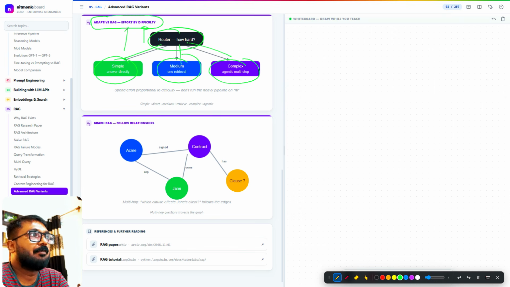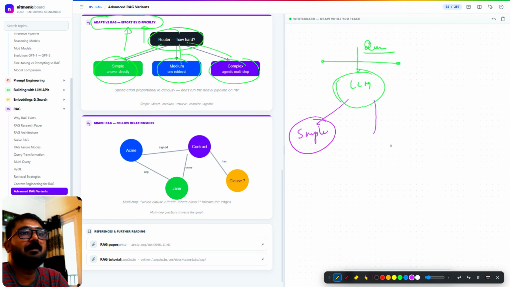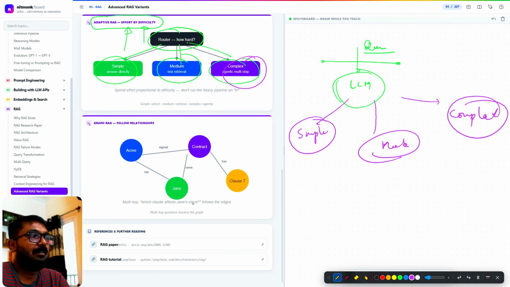That is adaptive RAG, meaning we try to grade the questions coming to the LLM. Once we understand that it cannot be answered by a simple query, we go ahead with medium, where we do one or two retrievals, and then for the complex one, we do the agentic approach.